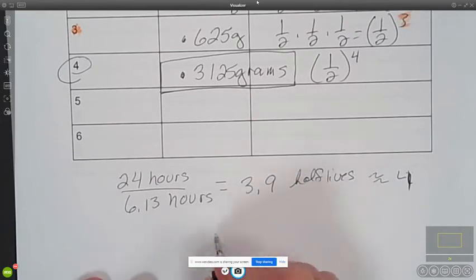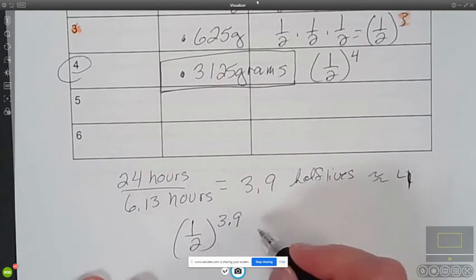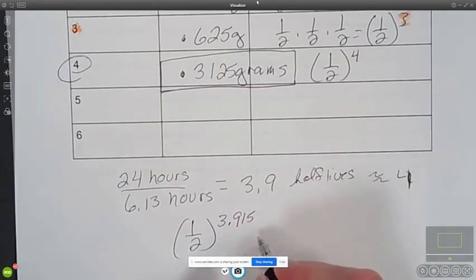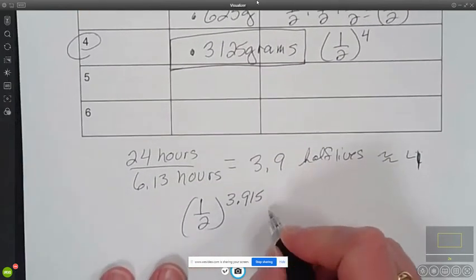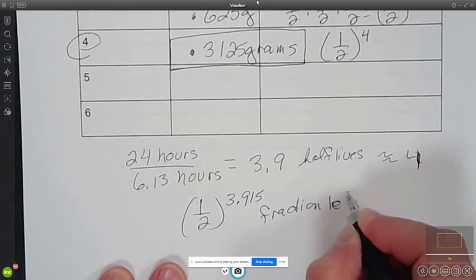So I could take 1/2 to the, we found it's about 3.9. And if I look at my calculator closer, I could take it out more decimal places. I think it was 3.915. Okay, that's going to give us the fraction of the material that's left over.